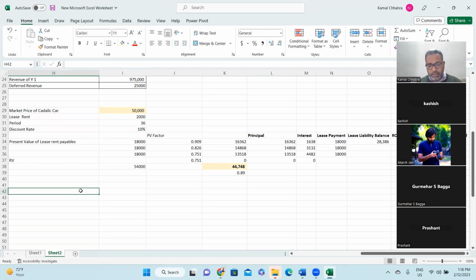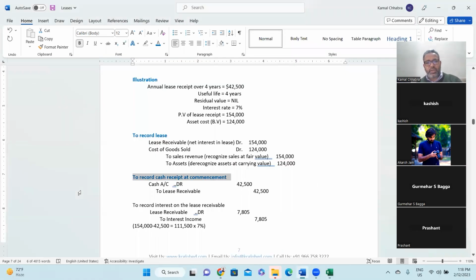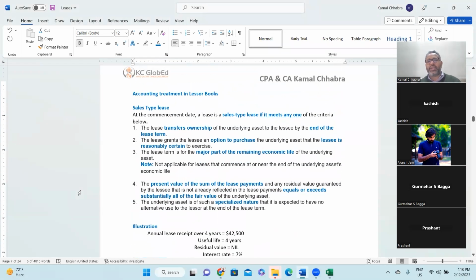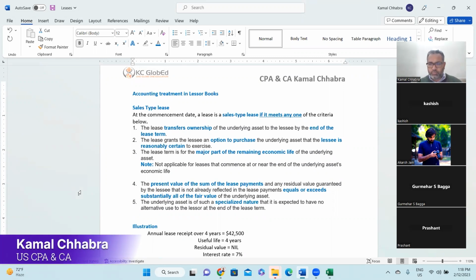Here also, if you see these 5 points, it clearly says ownership has been transferred at the end of the lease term, and a material option is there, or economic life, he is already using it, he is already committed to make the payment for more than the book value. But he will use this asset over a period of 4 years. So at the end of the tenure we will transfer the ownership, right?